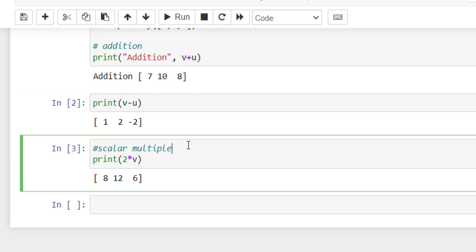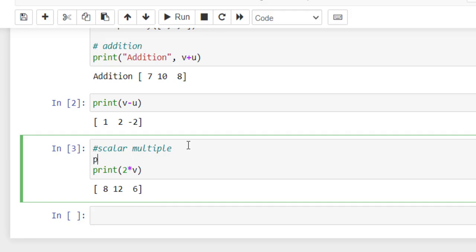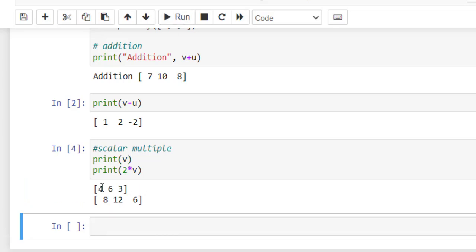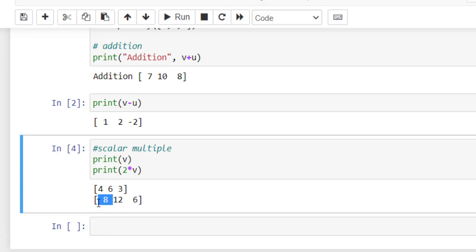Okay, we can't see our vector v, so let us print v here so that we can see how the scalar actually works. We multiply 4 by 2 and it becomes 8, 6 by 2 becomes 12, 3 by 2 becomes 6, because this is v.